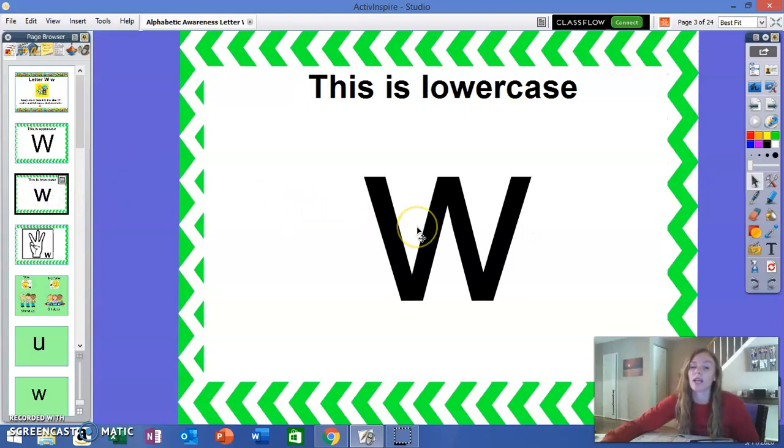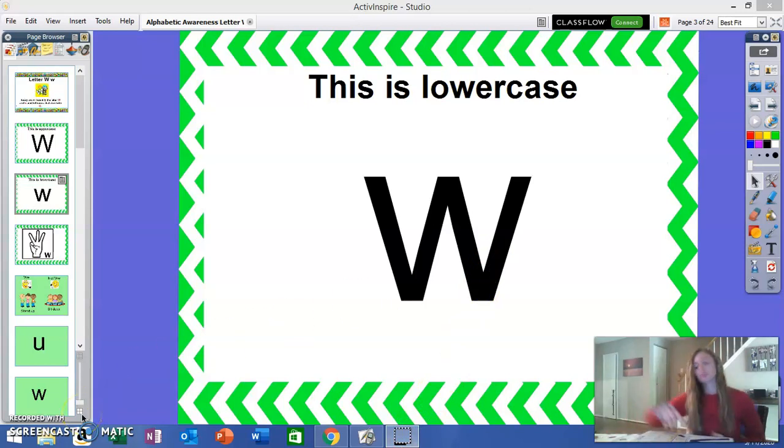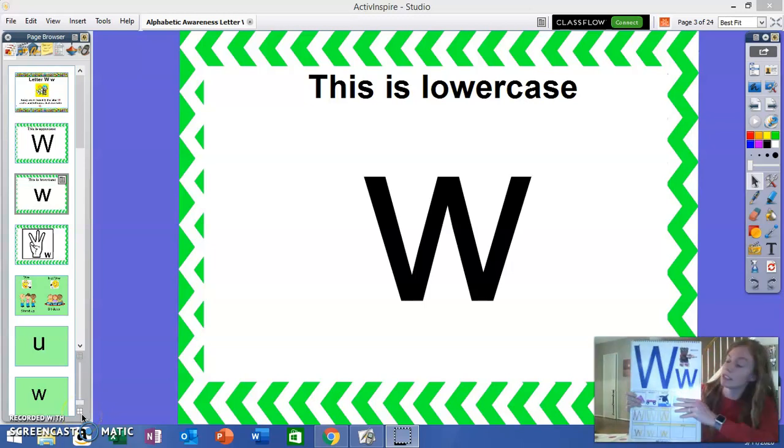This is a lowercase w, and as you can see, the lowercase w and the uppercase W are very similar. And as you can see on here, the uppercase is just bigger than the lowercase.